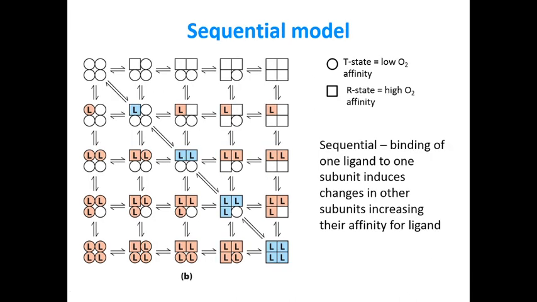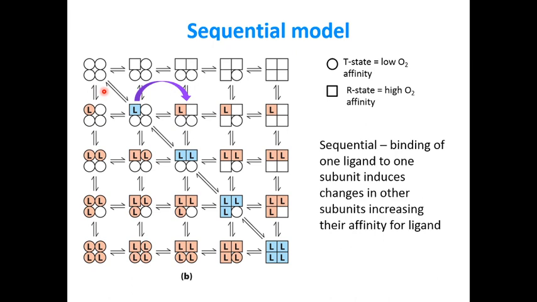In the sequential model, a conformational change in one subunit makes a similar change in an adjacent subunit, as a result of binding of a second ligand molecule, more likely when the first ligand molecule binds to one subunit.